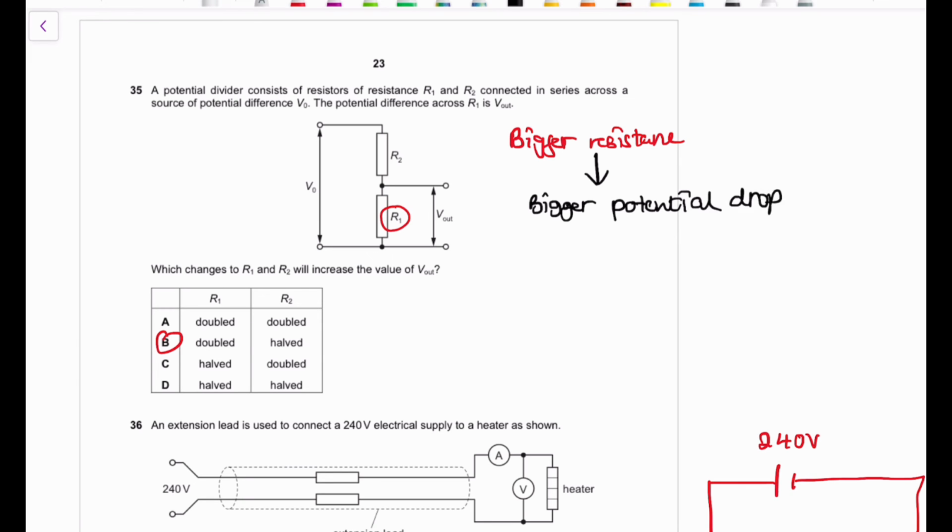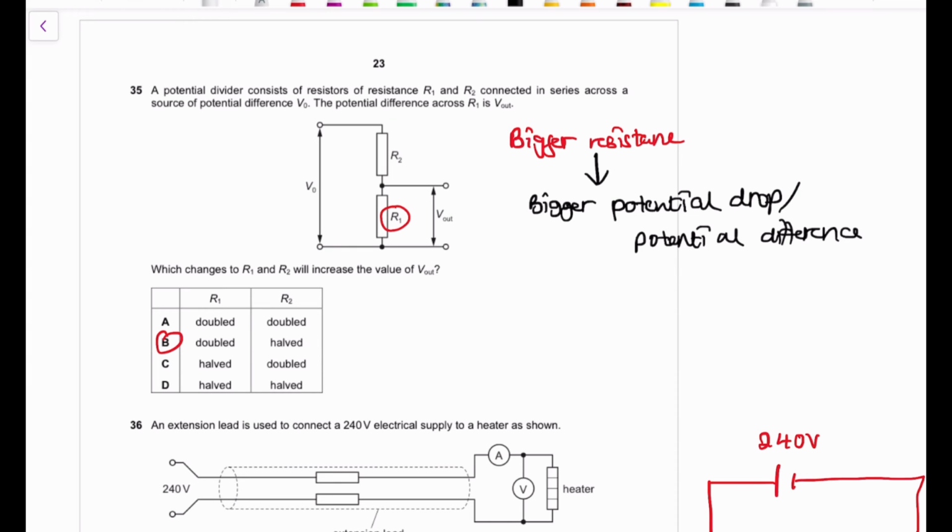If you have a big resistance, the current is going to need a bigger potential in order to travel through a specific point, because there's literally a bigger resistance for it to move. So it's going to need a bigger potential drop because there's a bigger resistance that is present.